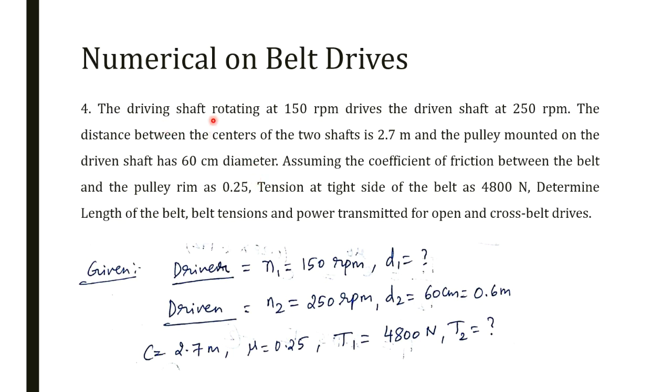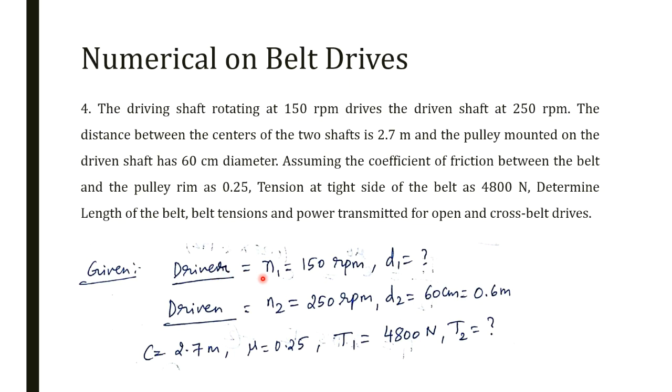The driving shaft rotating at 150 rpm drives the driven shaft at 250 rpm. The distance between the centers of the two shafts is given as 2.7 meter, and the pulley mounted on the driven shaft has 60 centimeter diameter.